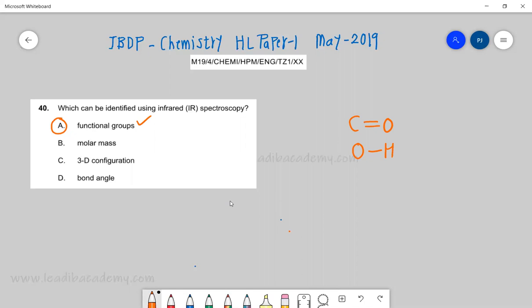We can determine the molecular structure by knowing the functional groups, whether there is a double bond between carbon and carbon, or a single bond, or a carbon and oxygen double bond, etc. So it's straightforward. So the option is A.